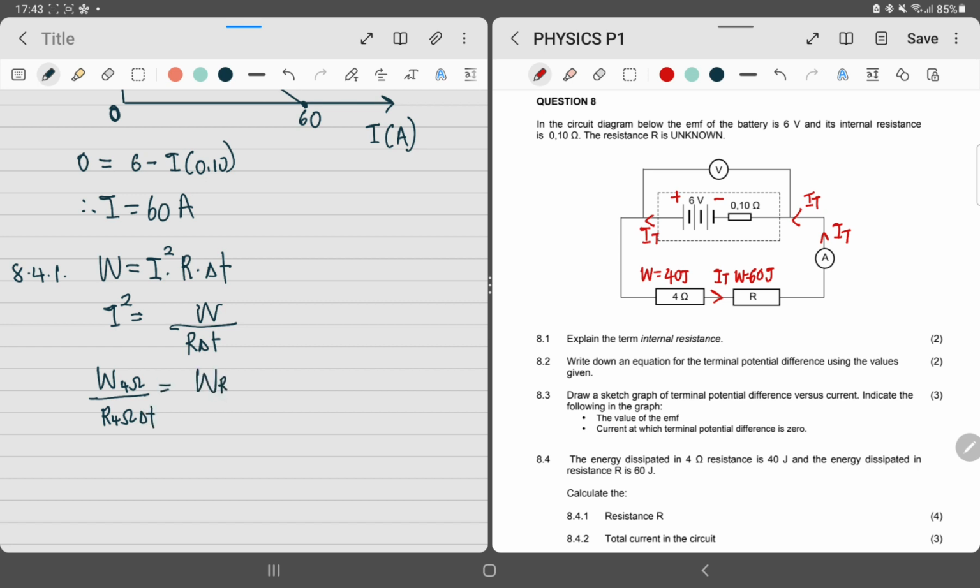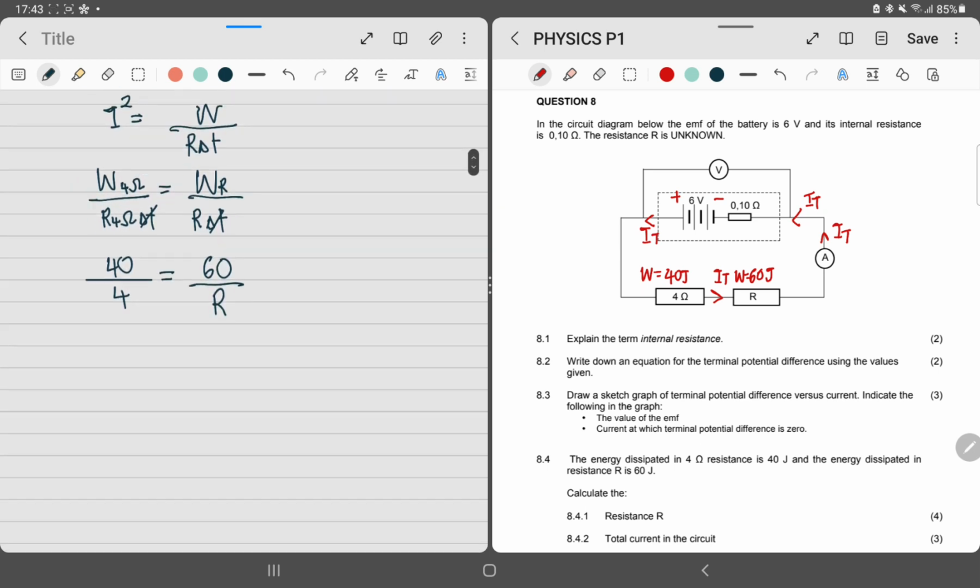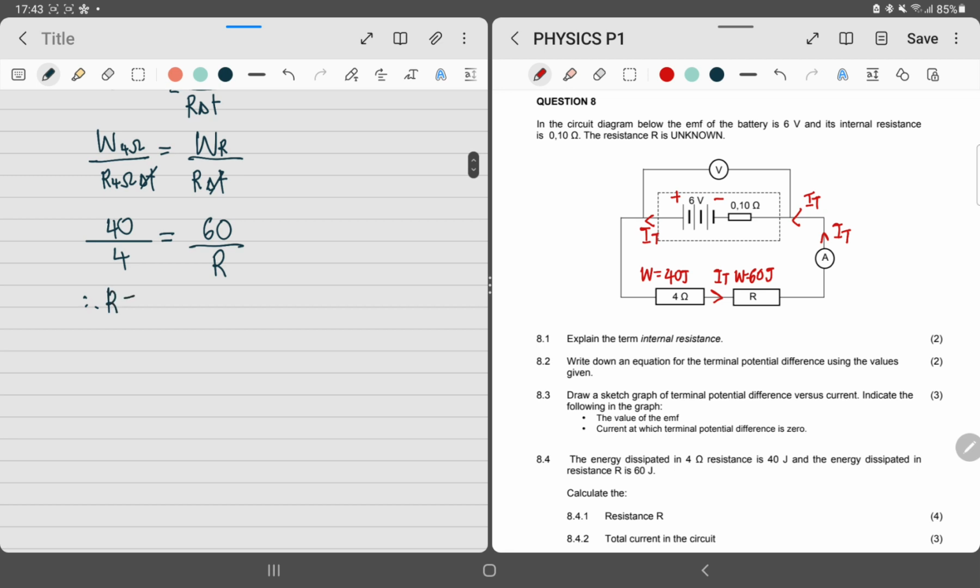Then the W through R all over R T. So the T's are going to cancel out. And then the work there is 40 over 4. And then the work there is 60 all over R. Therefore, R should be equal to 60 times 4 divided by 40. So I'm getting 6.0 ohms.